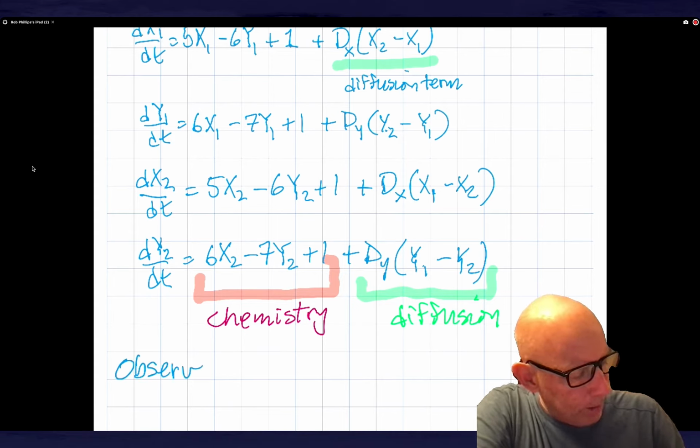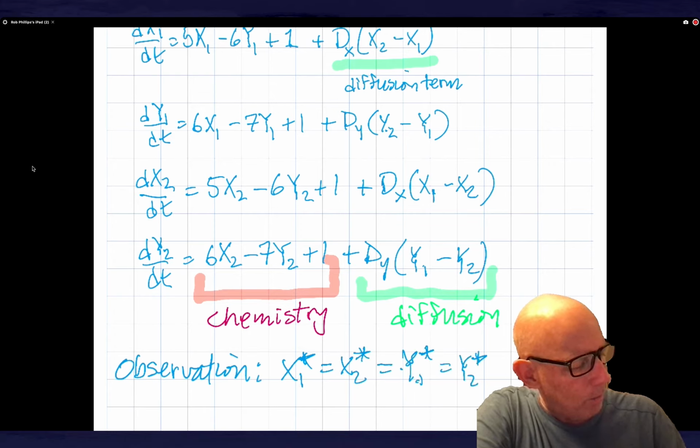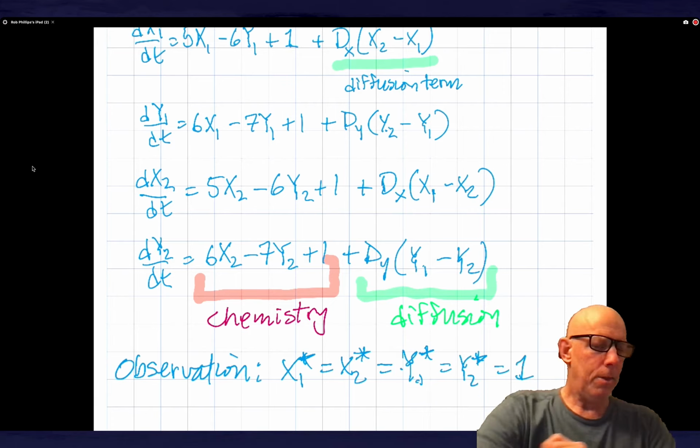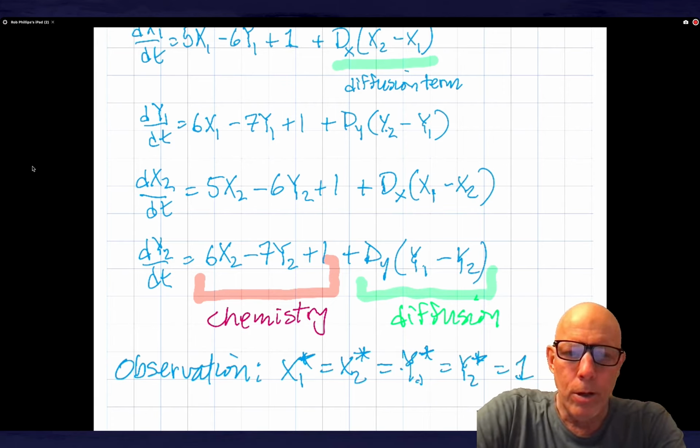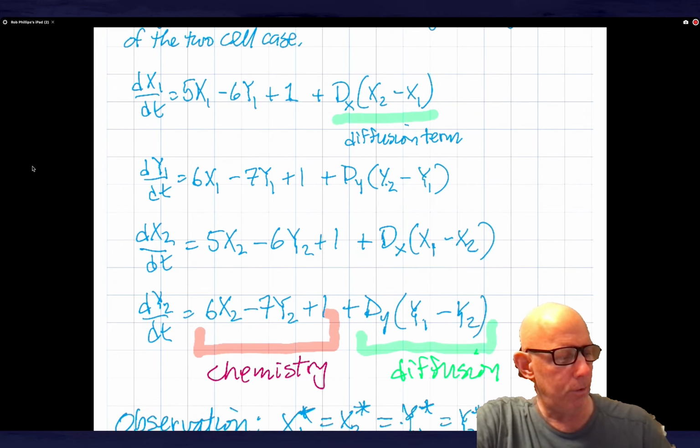So we can make an observation about the fixed points. The observation is that x1 star equals x2 star equals y1 star equals y2 star equals 1. That is a fixed point. If you look up above and you plug in x1 equals x2 equals y1 equals y2 equals 1, then you'll see clearly all of these diffusion terms vanish.